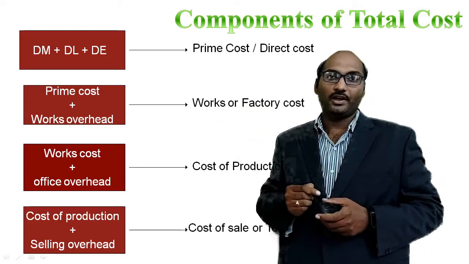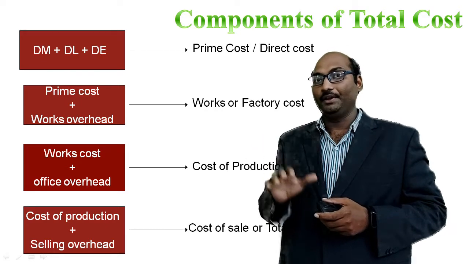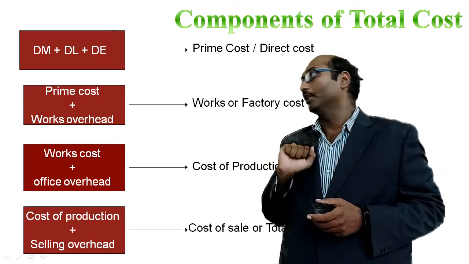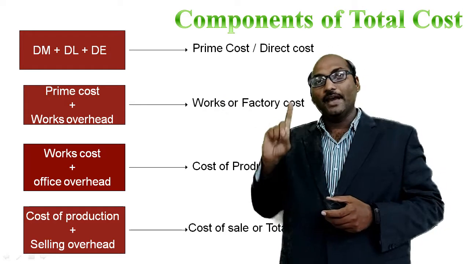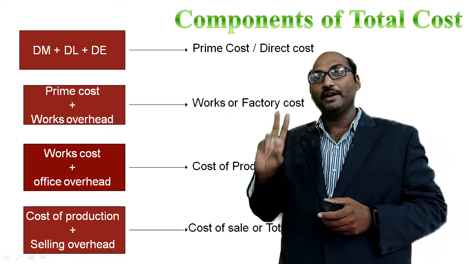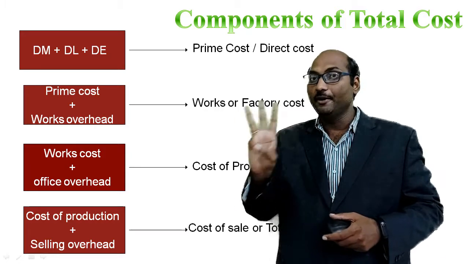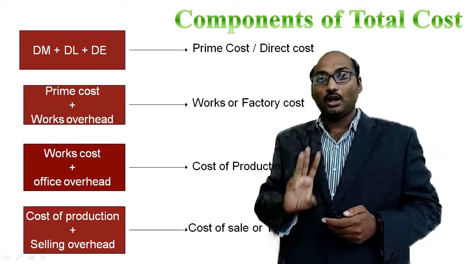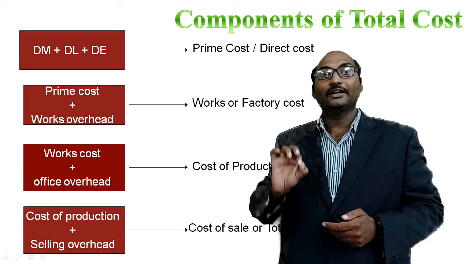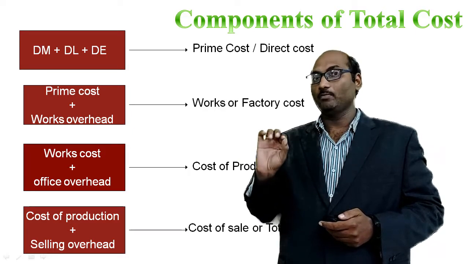That's why considering overheads is very, very important. So the direct material plus direct labor and direct expenses, which can be traced back to the end product, are referred to as the direct cost or the prime cost.